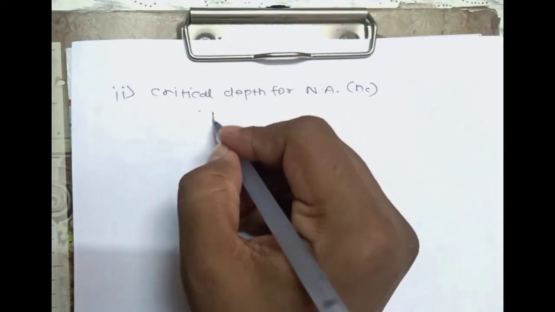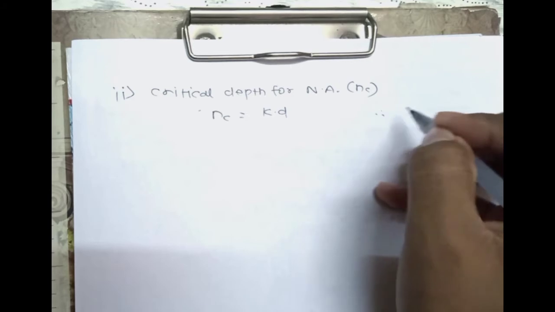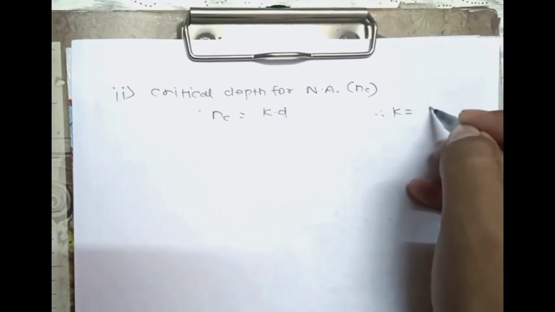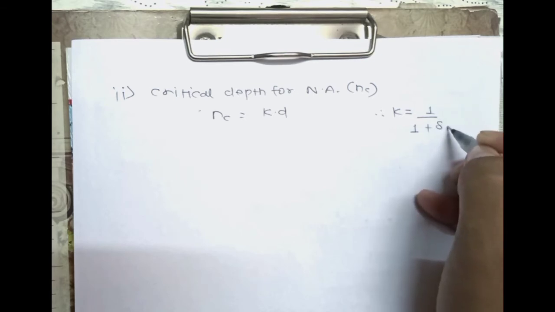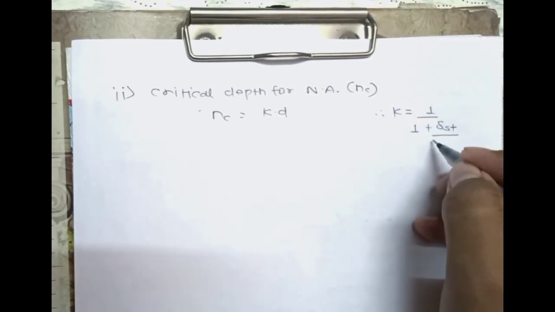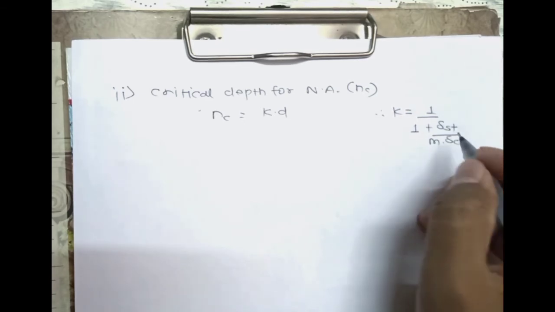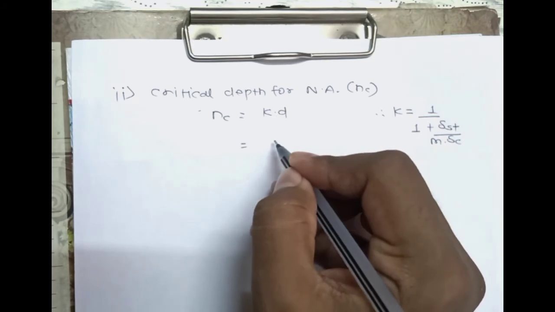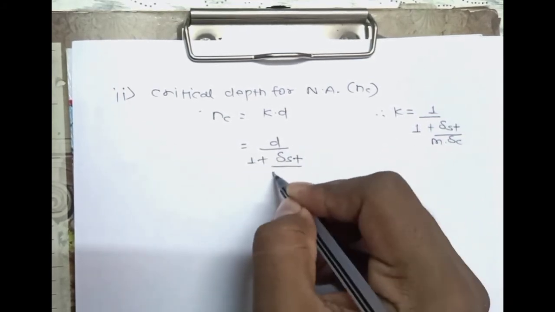We know the formula of nc is k into d, and k equals 1 upon 1 plus permissible stress in steel upon m into permissible stress in concrete.